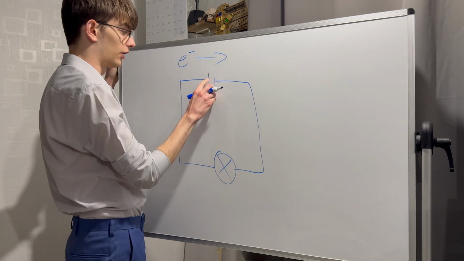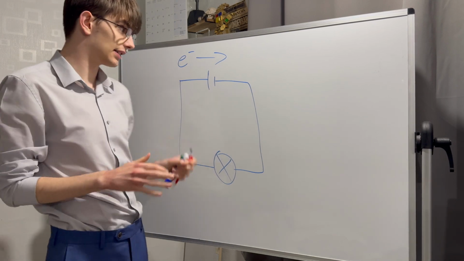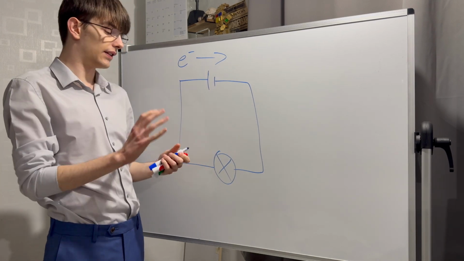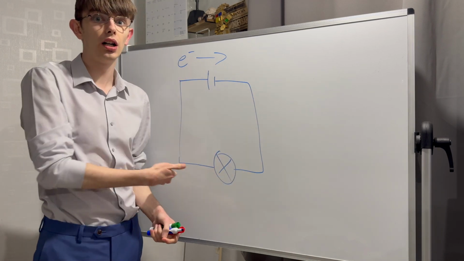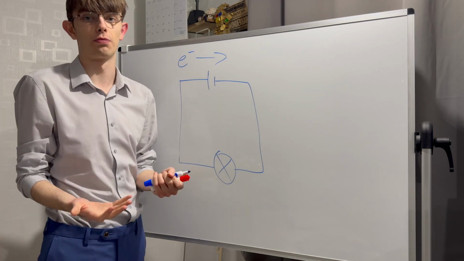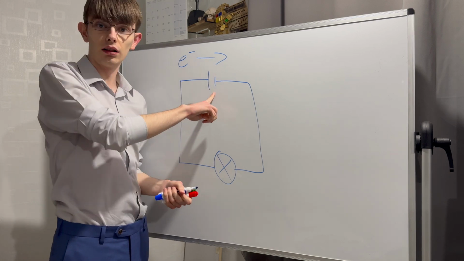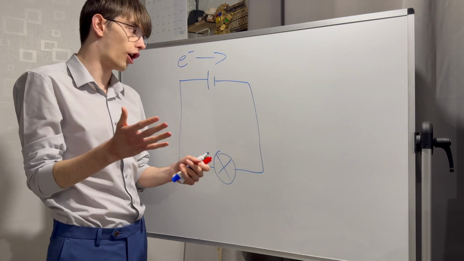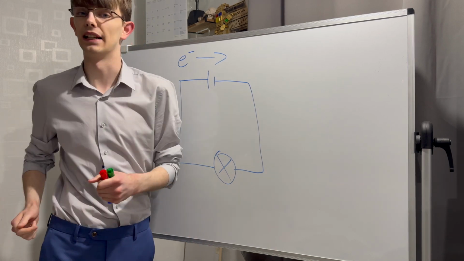I will also have a very specific video, probably the next one, explicitly about circuits, how to read them, how to draw them. But in this case, I'm just going to draw a simple circuit that is a wire containing moving electrons or moving charged particles, but we'll stick with electrons just for the simplicity of it. I have a cell, so like a battery, half a battery, that pushes out these electrons, and I have a lamp that's going to be lit up.